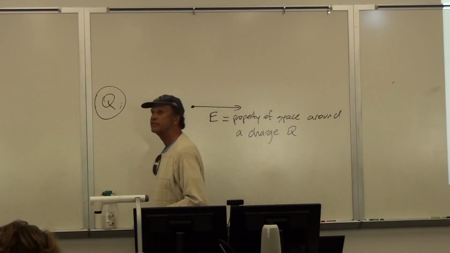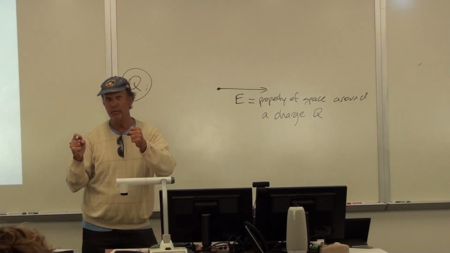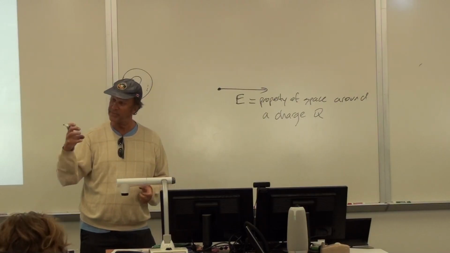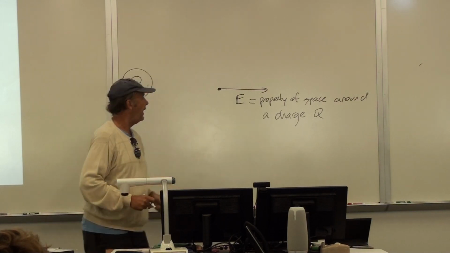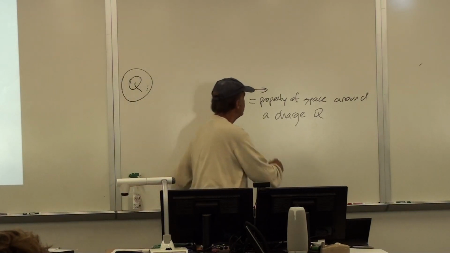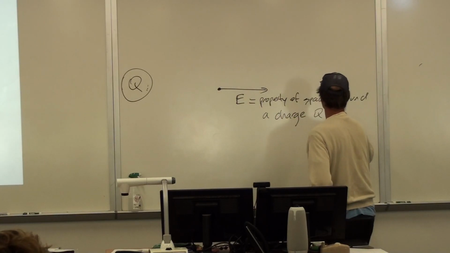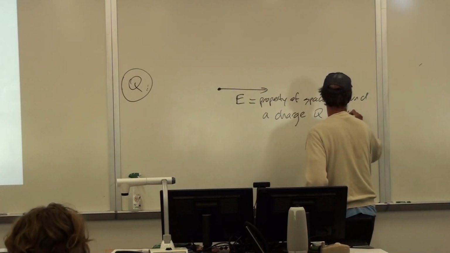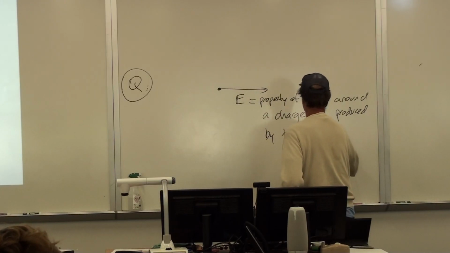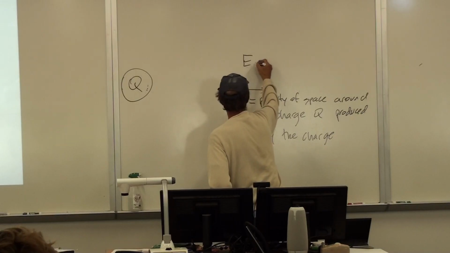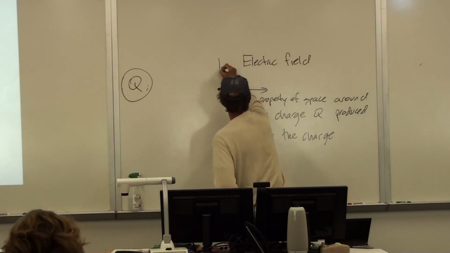So this is some kind of a distortion of the space, because if that charge weren't there, then there wouldn't be a force at that point in the space. So there must be something about this charge that's altering the space at this location. And we call that the electric field. So that's just a property of the space around the charge Q that is produced by the charge. We give it a symbol E.